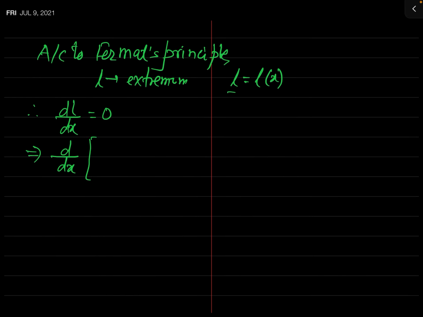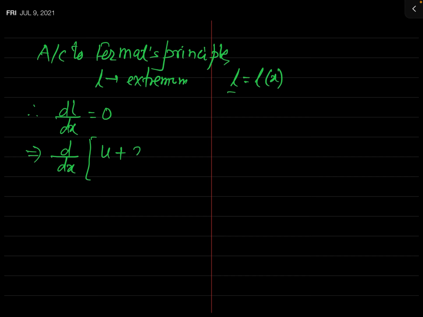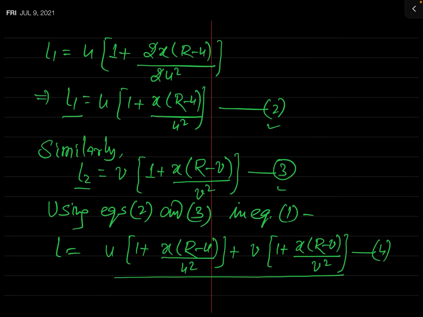So this is simply U plus, I am just multiplying by this U now. So this is U plus X times R minus U over U. One U in the denominator will cancel here, plus, you can see here we will again multiply by this V to the terms inside the square bracket.